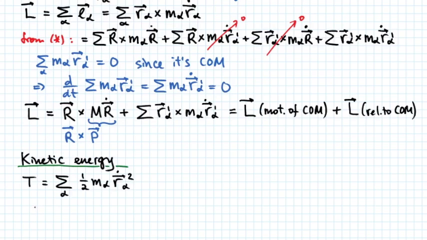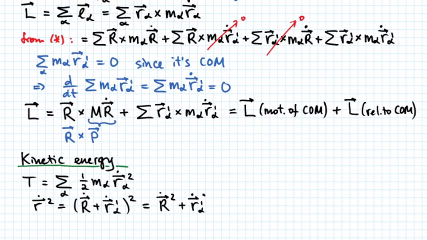Again, we use our expression for r alpha in terms of the center of mass and r prime quantity to find that the velocity squared will be given by the center of mass velocity plus the relative motion velocity r alpha prime dot, all that squared, which gives us three terms: the velocity of the center of mass squared, plus the motion relative to the center of mass squared, plus 2 R dot times r alpha prime dot.